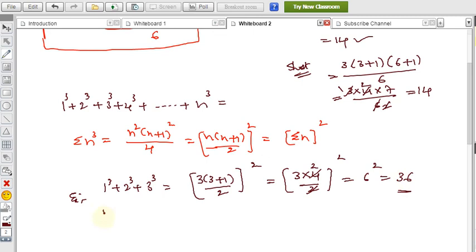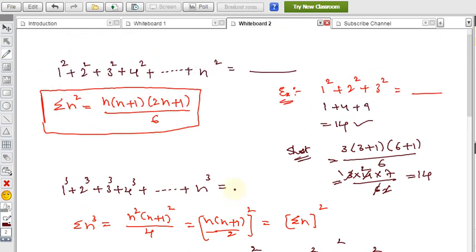Even if you apply, 1 cube is 1, 2 cube is 8, 3 cube is 27, the same, you'll get 36. Okay, for the sum of the squares of the natural numbers and the sum of the cubes of the natural numbers, we will apply these two formulas.